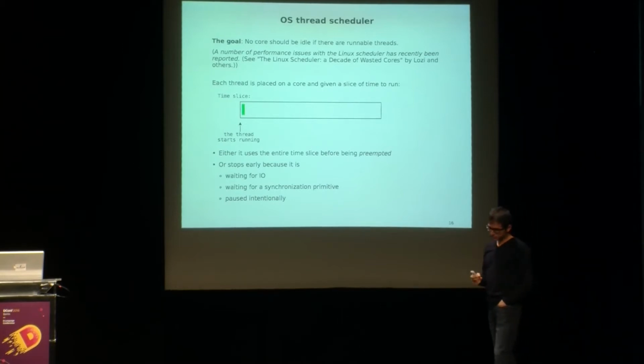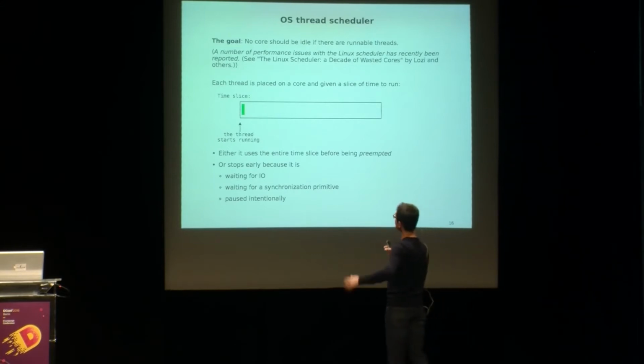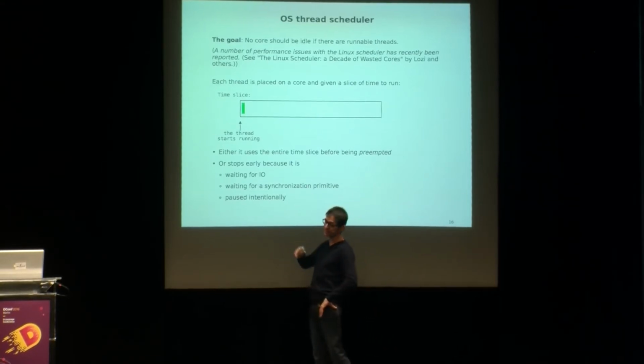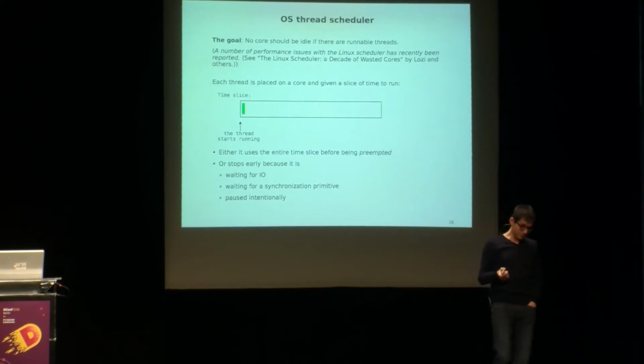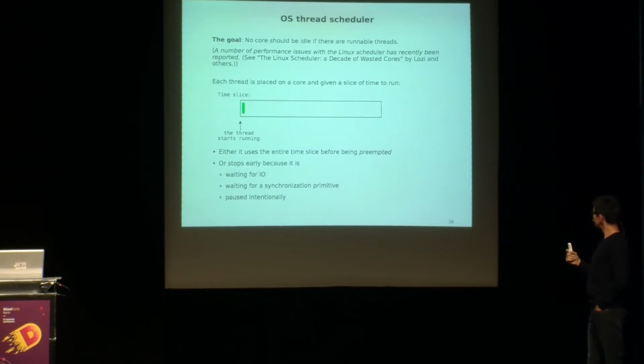So what the thread scheduler does is, once it puts a thread on a core, allocate a time slice for that thread to execute on that core. And the thread starts running at the beginning of the time slice. However, in some cases, a thread does not use the entire time slice.